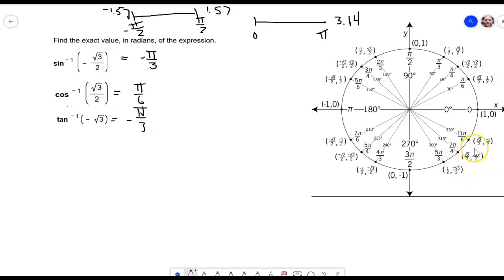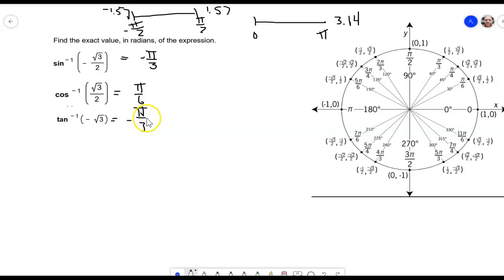And you would check each one of those and you would see which one of those would actually reduce down to negative root 3, because one of those two reduces down to negative root 3 and the other one reduces down to 1 over negative root 3.